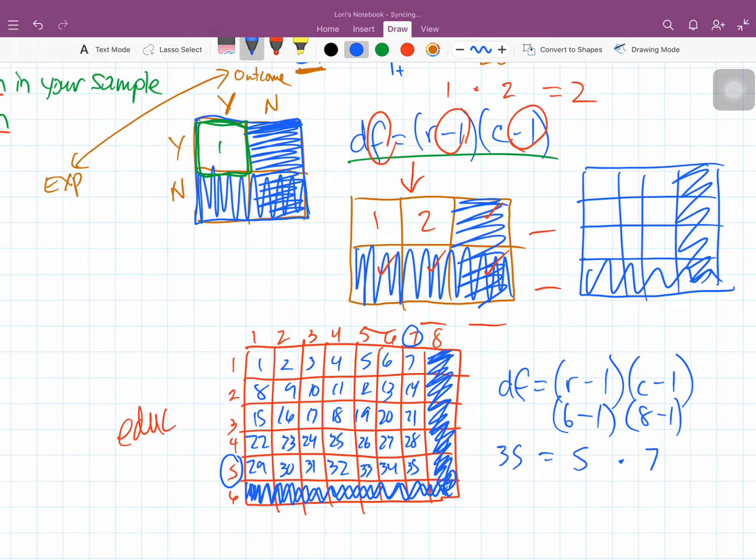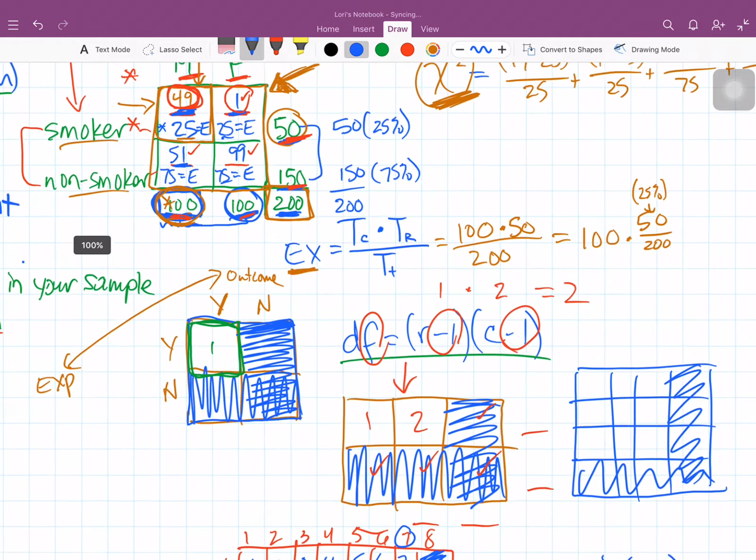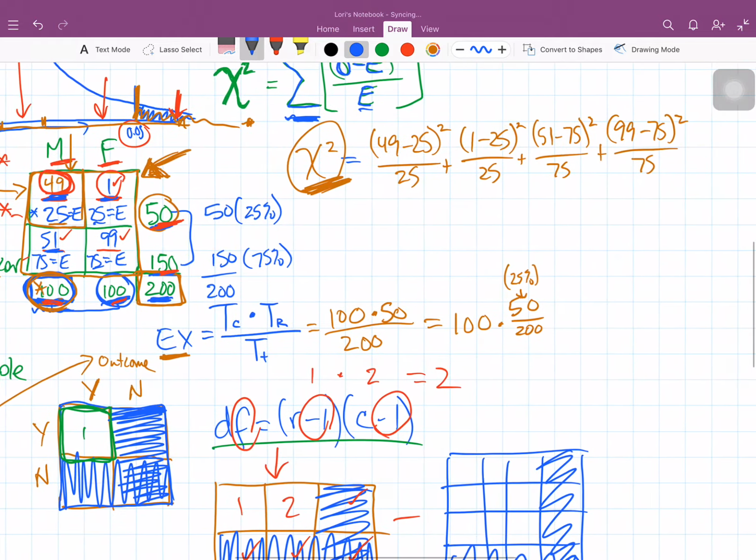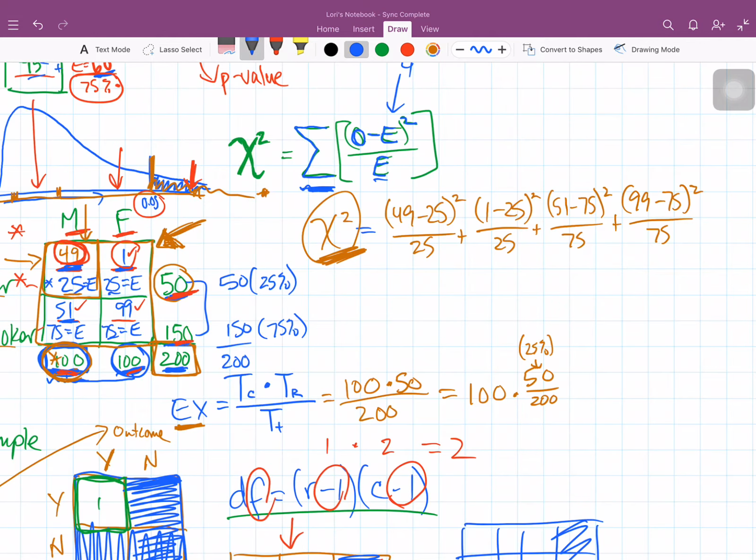So degrees of freedom is something that could show up for you on some kind of CPH exam test. Also, the whole idea of what's the equation for certain things.